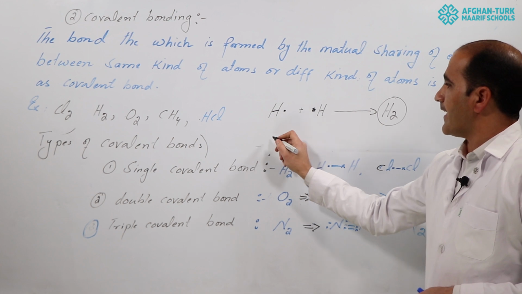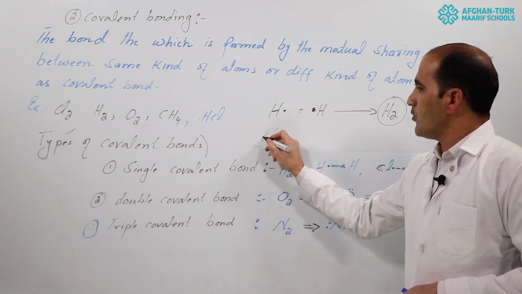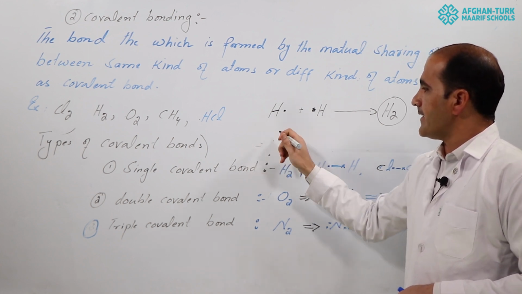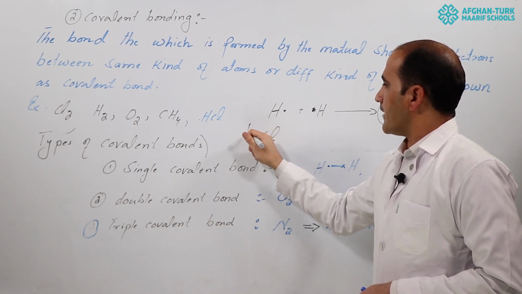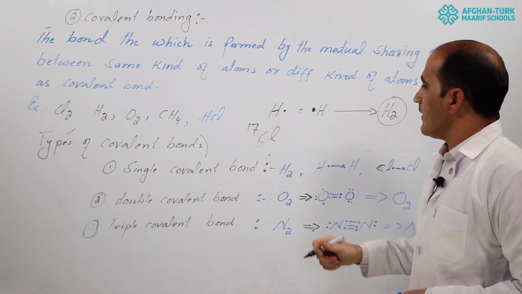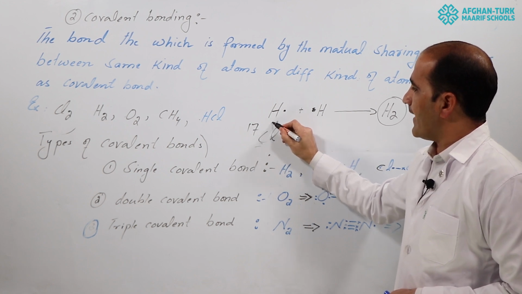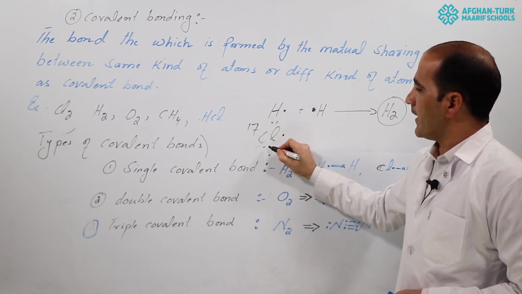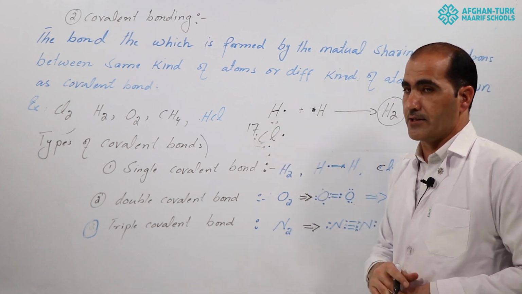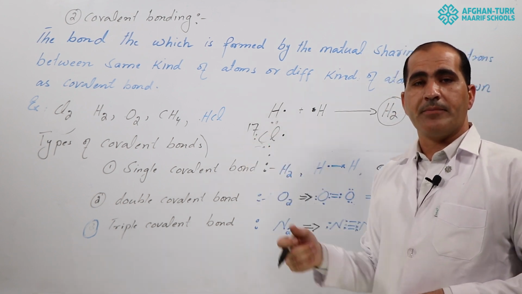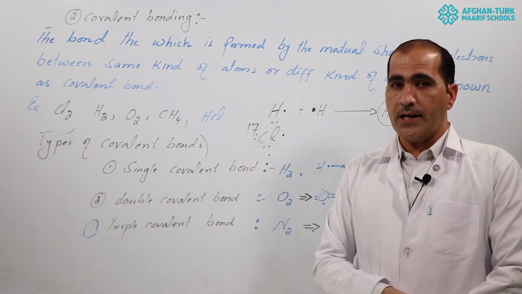You can also give the example of chlorine. The atomic number of chlorine is 17. Everyone knows that in the last shell of chlorine we have 7 electrons. So this chlorine atom is right now unstable. Why is it unstable?